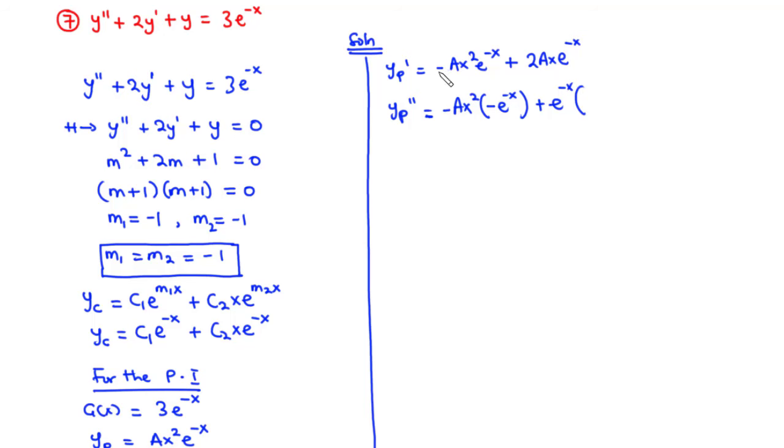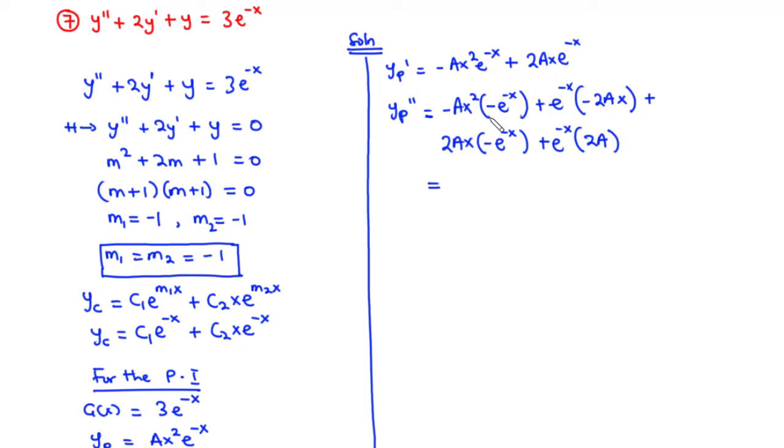We differentiate negative ax squared, we have negative 2ax, and then plus this term, so plus we select 2ax, we differentiate e to the power negative x, that is negative e to the power negative x, and then plus e to the power negative x, we differentiate 2ax, and then we have 2a.